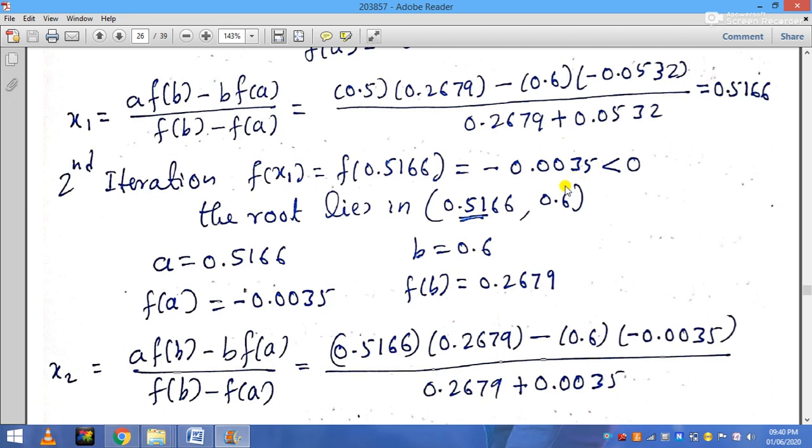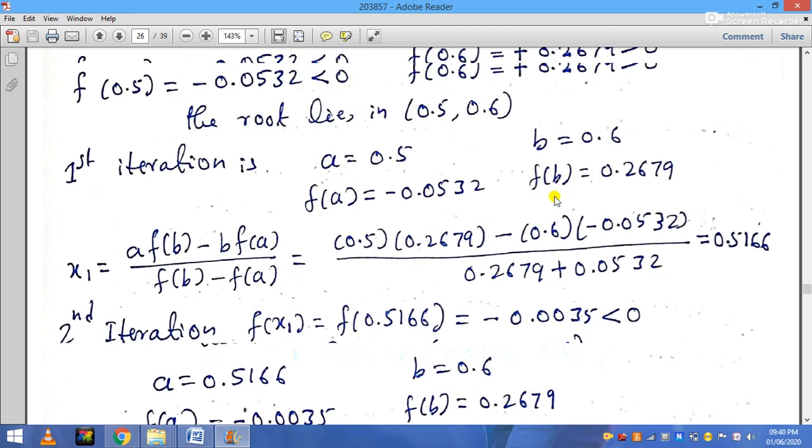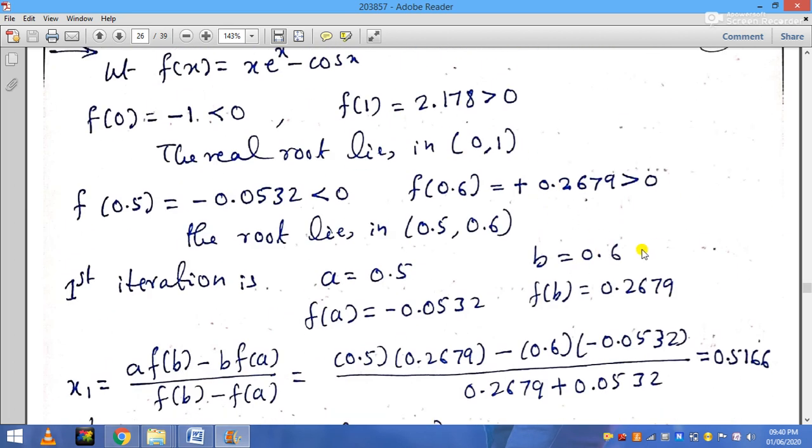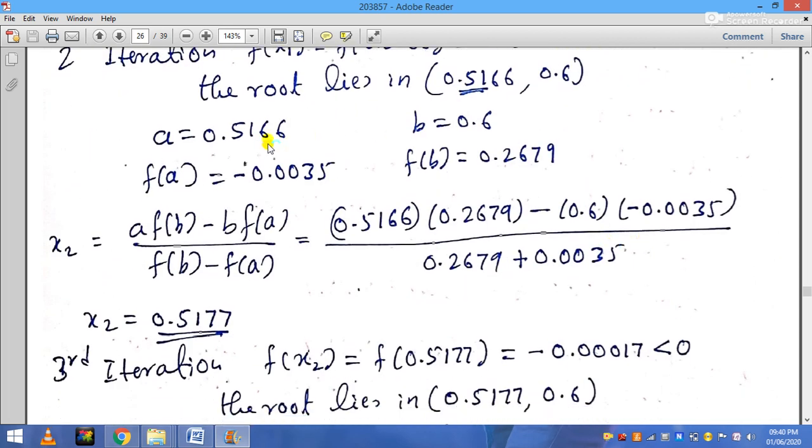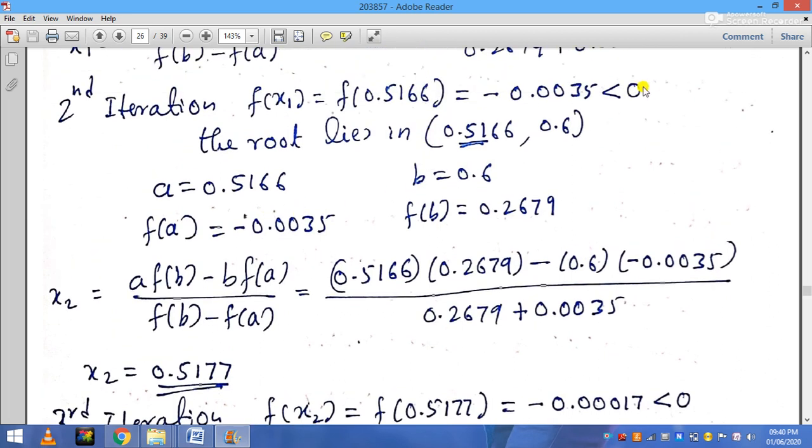In the previous iteration 0.6 is the positive value, so we take b as 0.6. So a equal to 0.5166, b is equal to 0.6. Suppose here you get a positive value, then you take the negative value from the first iteration. So this is the method.